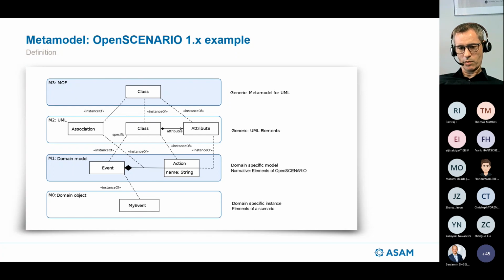The UML is the meta model of our domain model, and the MOF is the meta model of our UML.